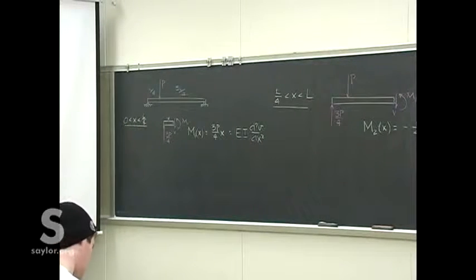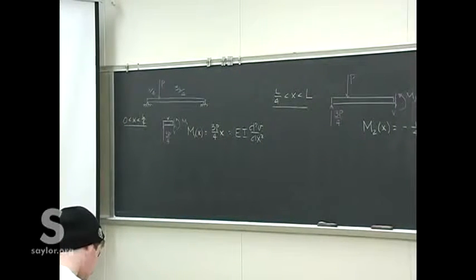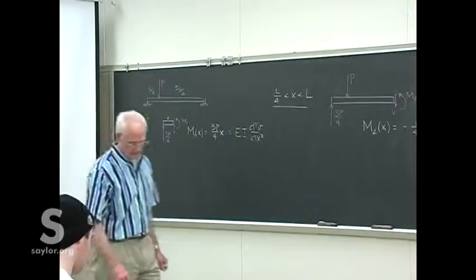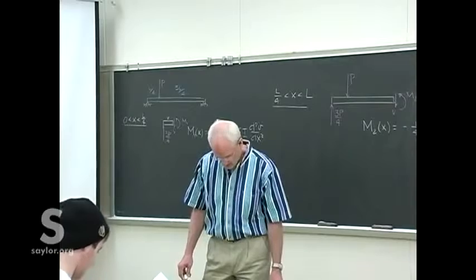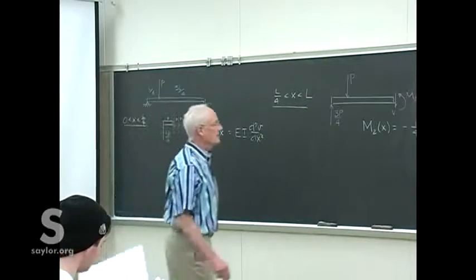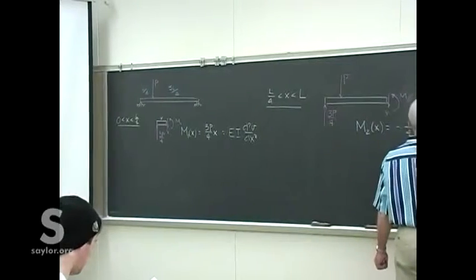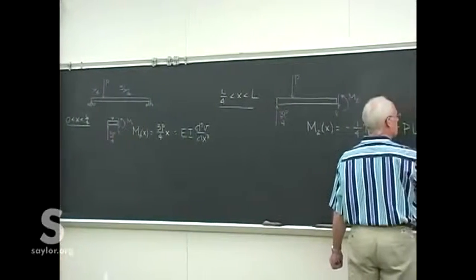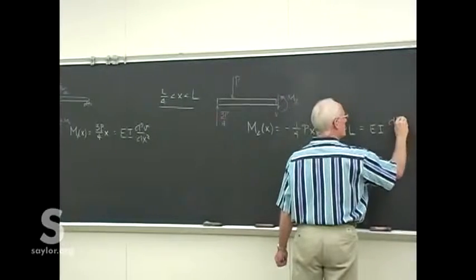So we can do the first integration, get back to the slope. Second integration, get all the way down to the elastic curve. So see what pieces you get. Now we've got to do the same thing for this one. Whatever this beam happens to be determines EI.